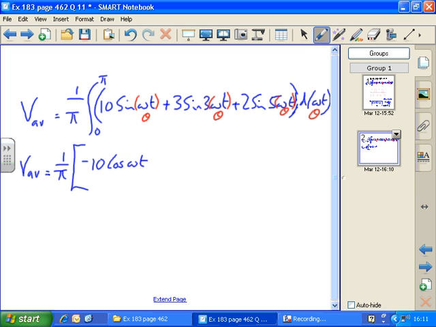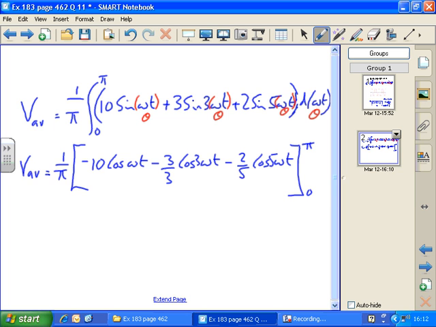The next one, sine becomes minus cos, so that'll be minus 3, and the 3 comes out of the integral, so it's minus 3 over 3 cos 3 omega t. Then minus 2 over 5 cos 5 omega t, between the limits 0 and pi.